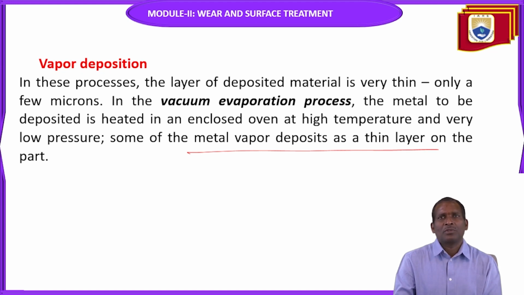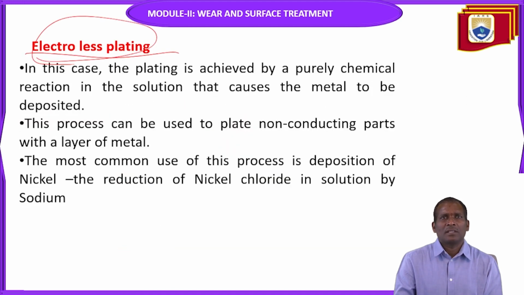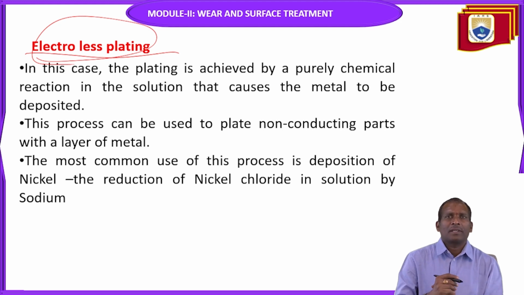Vapor deposition is due to vapor evaporation, but in this case, the electroless plating process is actually used to plate non-conducting parts. The most common use of this process is deposition of nickel, using nickel chloride in solution with sodium hypophosphite.